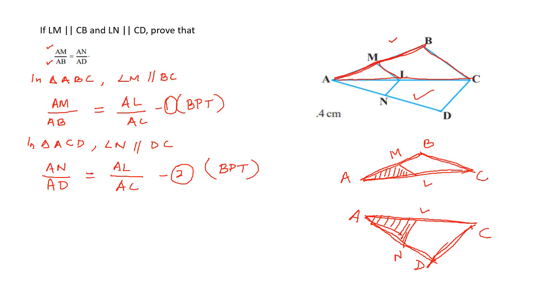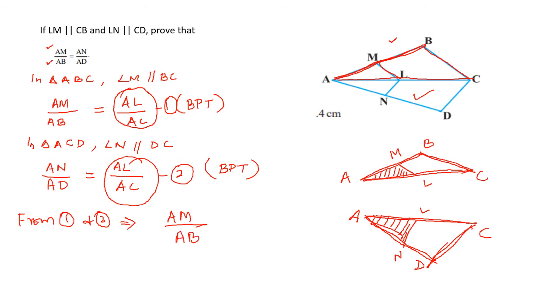Now look at the first and second equation. The right hand side is AL by AC, AL by AC. So from 1 and 2, the right hand sides are equal. What about the left hand sides? If the right hand sides are equal, the left hand sides also should be equal. So what do we get? AM by AB is equal to AN by AD.